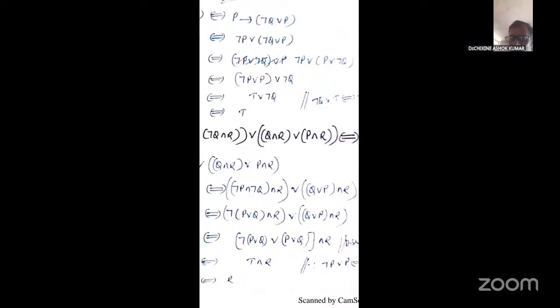Negation P union Q intersection R union P union Q intersection R. So I can apply the distributive property, A union B intersection C. Yes, I will repeat once again. Here I am applying the right distributive law.